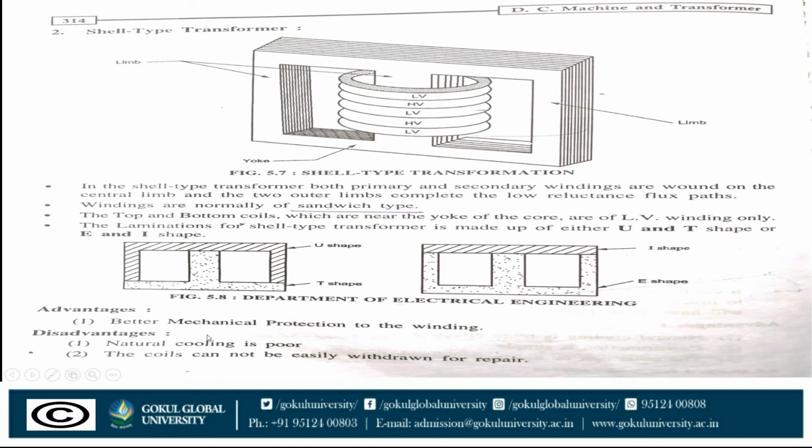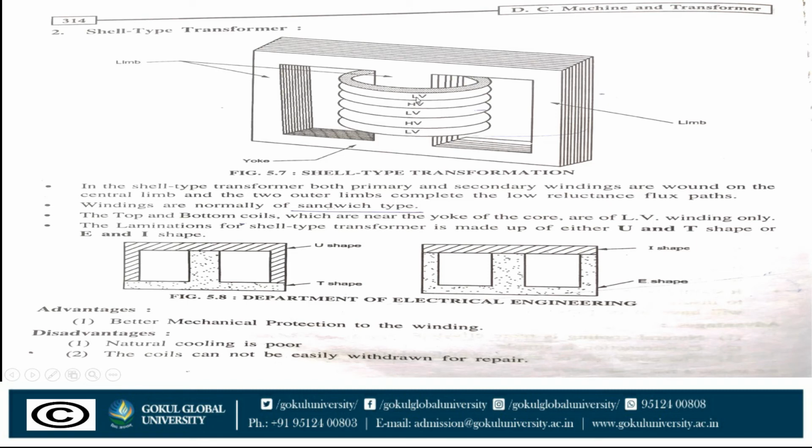Advantages: first one is better mechanical protection to the winding. Here the winding is inside the core. That's why the mechanical protection of the winding is more than the core type transformer. Disadvantages: natural cooling is poor. The coil cannot be easily withdrawn for repair. Suppose if any fault occurs in the HV winding, then what do we have to do? We have to open the whole transformer.